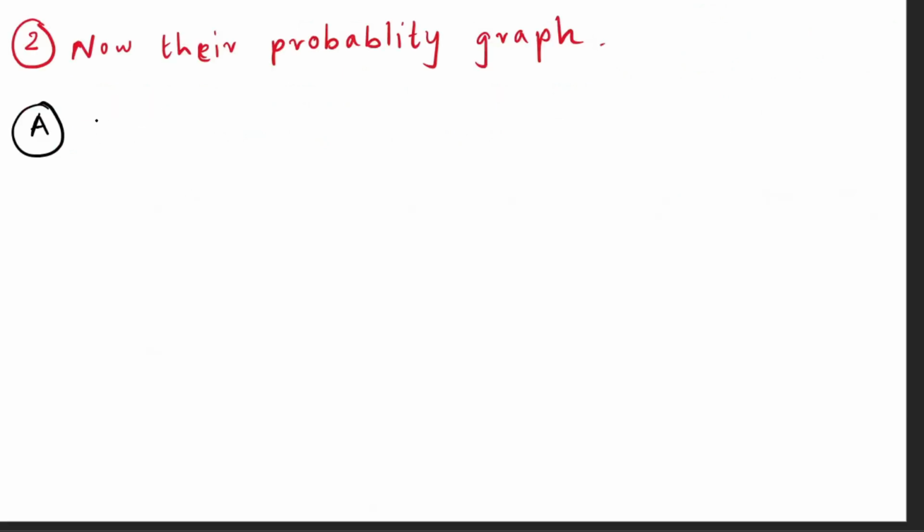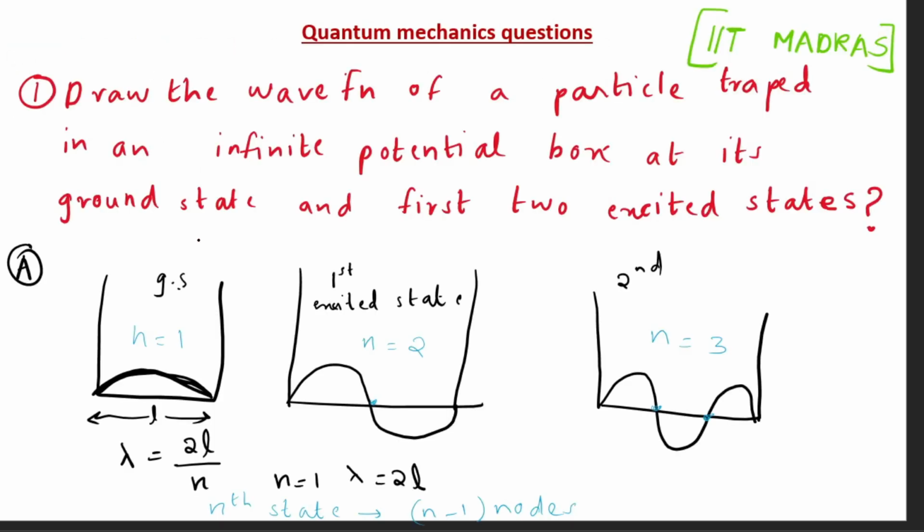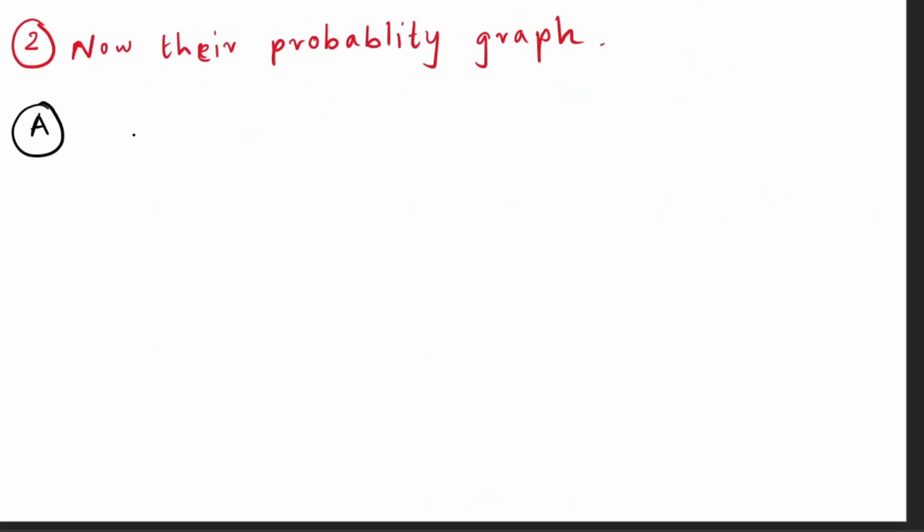So the second question is like this. In the previous case, we have drawn the wave function of the particle in the ground state, first excited state, and second excited state, when it is in an infinite potential well. Now they have asked to draw the probability graph.